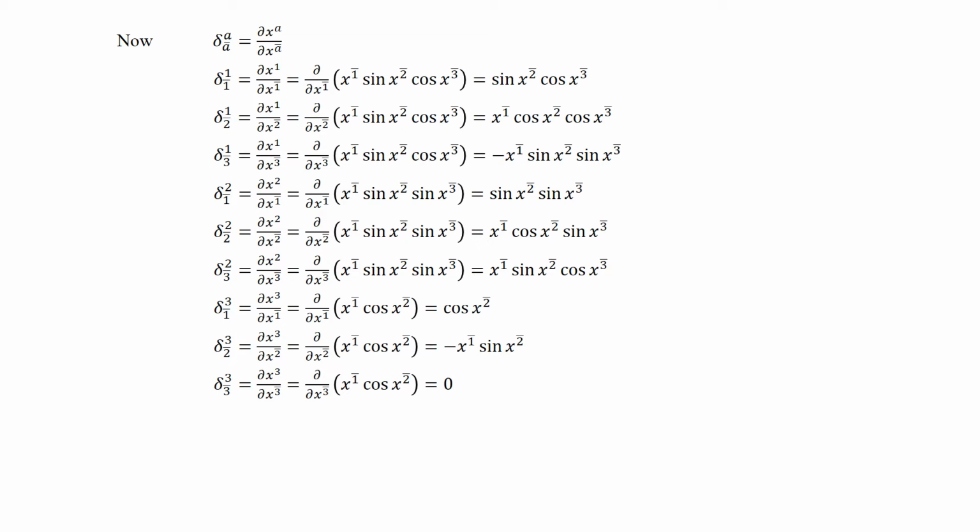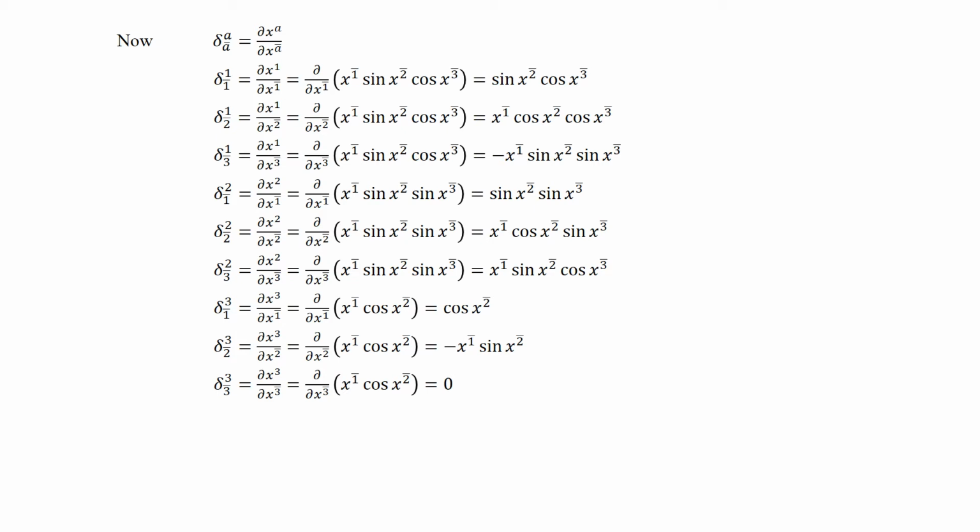Now the other three derivatives, of the second term, where y is equal to r sin theta sin phi, and in the new coordinate system we have x1 bar sin x2 bar sin x3 bar. So in the fourth term we take the derivative of x2 with respect to x1 bar. Here we have the term x1 bar sin x2 bar sin x3 bar.